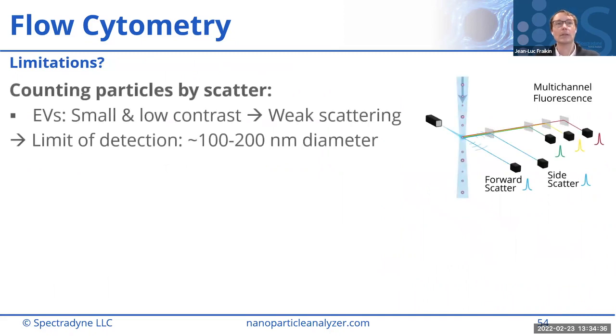So let's talk about where this starts to break down for smaller particles. When we're counting particles by scatter, we've already talked about how weakly the small particles scatter light, and the EVs are compounded because they're very low index contrast with the surrounding medium, so they scatter very weakly compared to other particles, especially fluorescent, especially polystyrene.